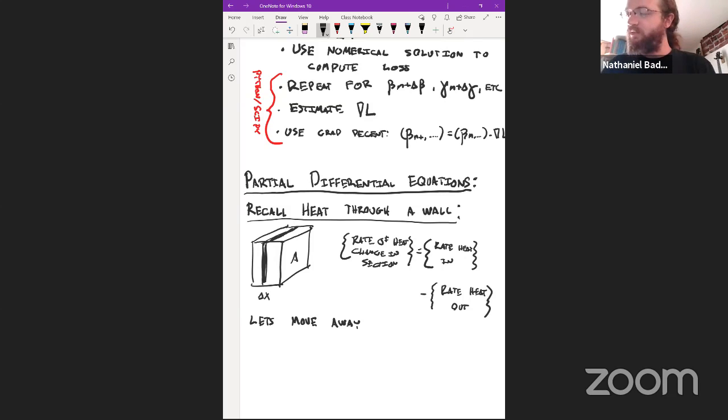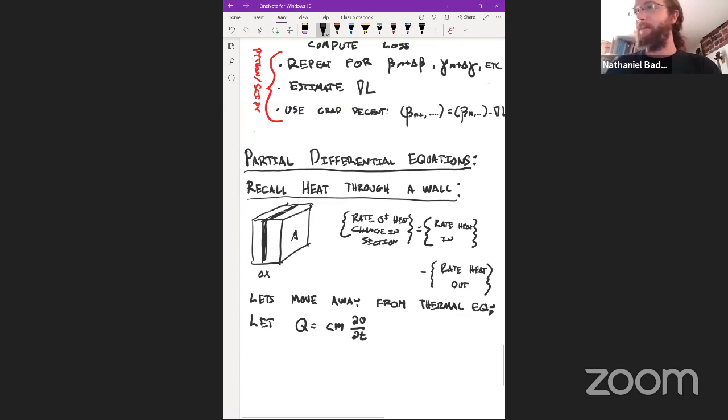So let Q, as before, be the specific heat times the mass times the rate of change of the temperature.